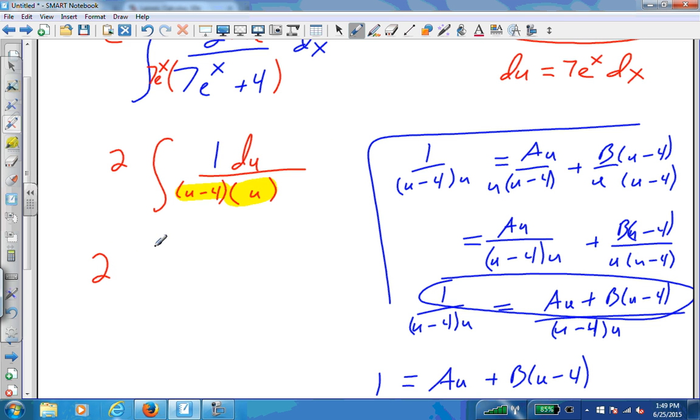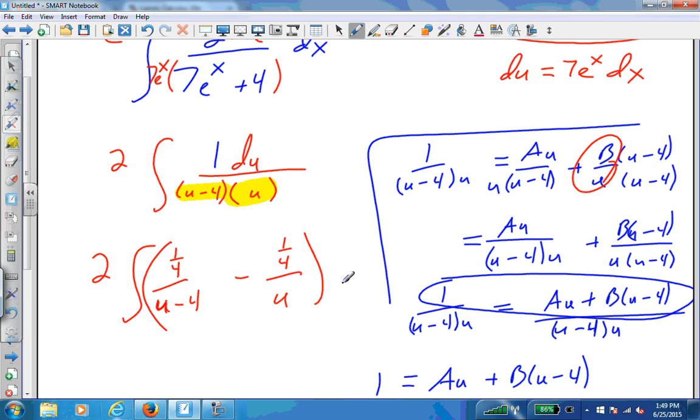So we can rewrite this. Let's see, a was 1/4. So 1/4 over u minus 4. B was minus 1/4, so minus 1/4 over u du.